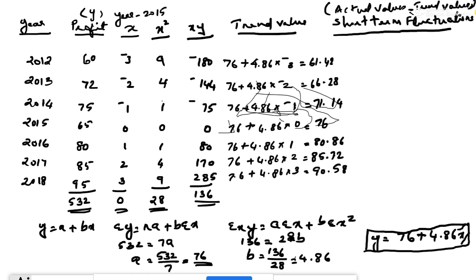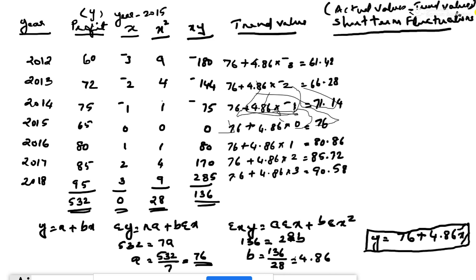What are the actual values? That is the values given in the question. That is, the actual values are 60, 72, 75, 65, 80, 85 and 95. So these are the actual values, that is the values given in the question.